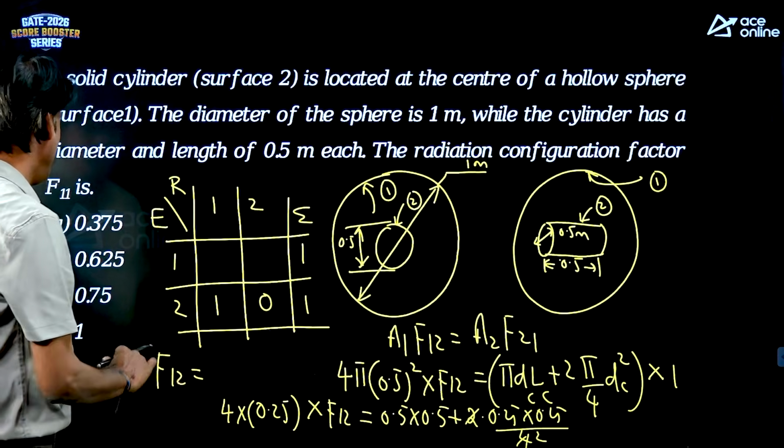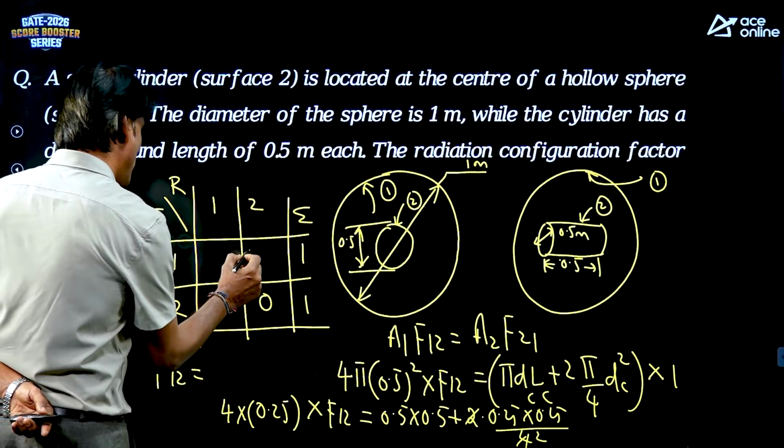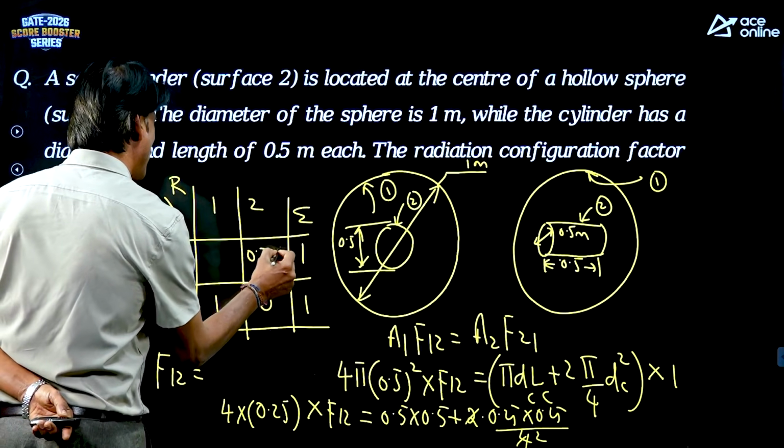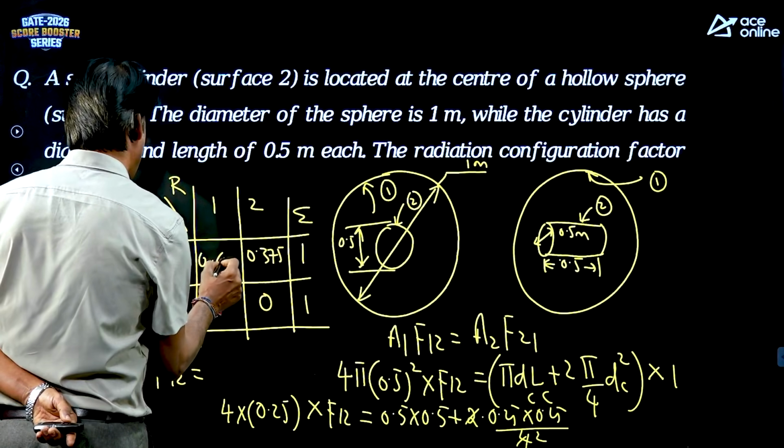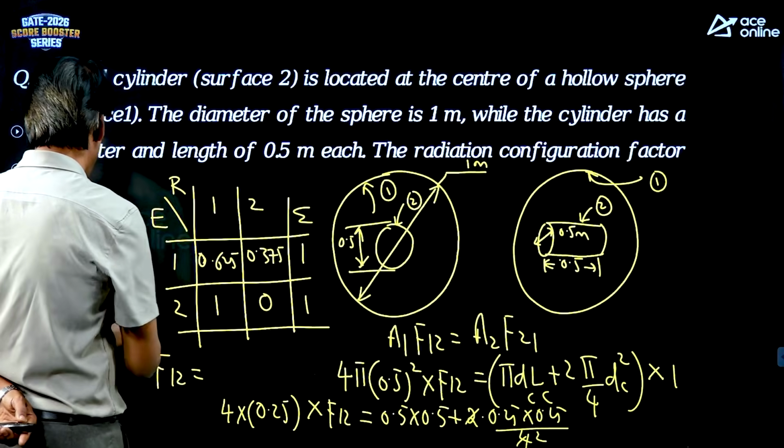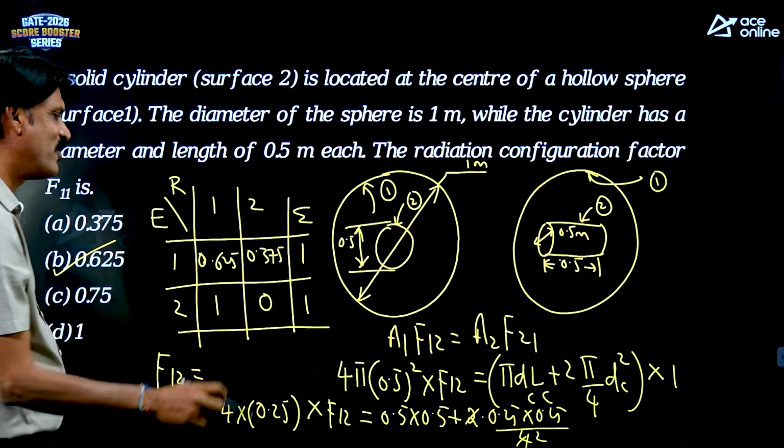Finally, this value becomes 0.375 and this value becomes 0.625. Answer is 0.625.